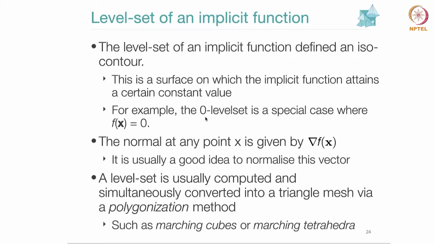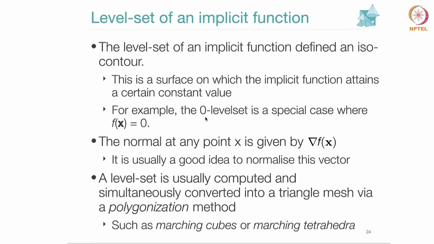That is, you want a triangle mesh out of my implicit, right? Because with implicits, you need to visualize, you need to see what you have defined. There are a couple of ways in which you could visualize a level set, and one of the ways is to convert it into an explicit mesh and then display the triangles that you have obtained.